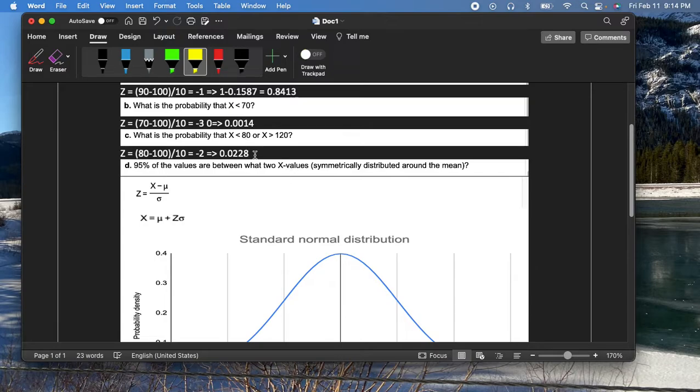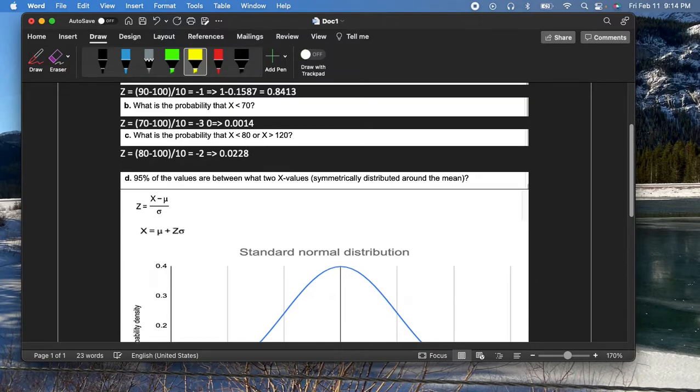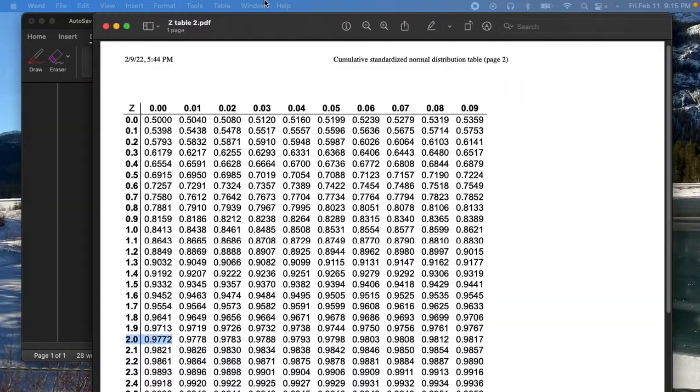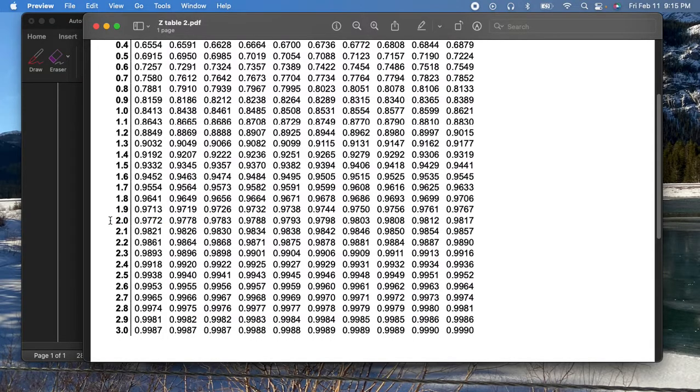Okay, so that's one, and now we need to find the other one. We need to find Z equals 120 minus 100, divided by, not multiplied, but divided by 10, and that is going to equal 2. Okay, so we put up the Z table here, and here is our value, 0.9772.